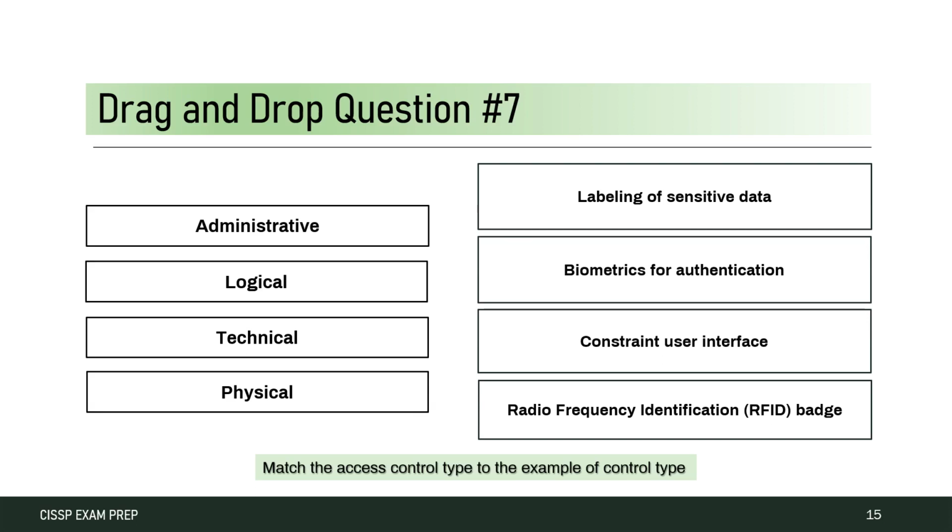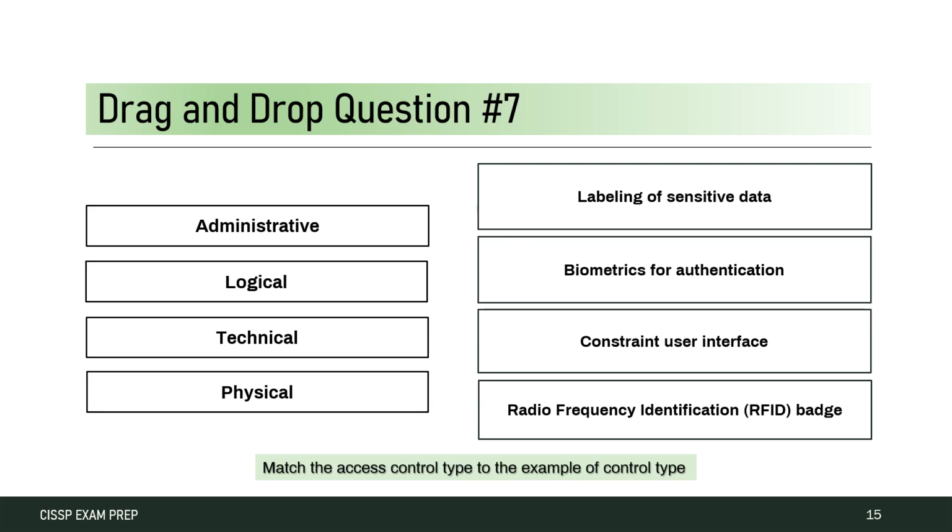So you have to match the access control with the example, like, for example, labeling of sensitive data, biometric for authentication, constrained user interface, or even radio frequency identification or RFID badge.